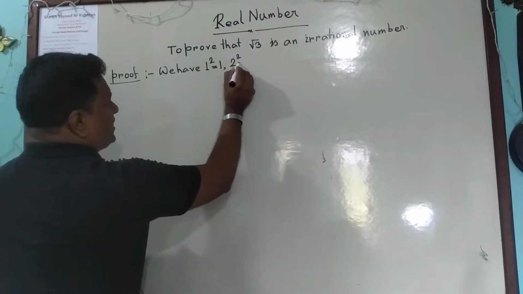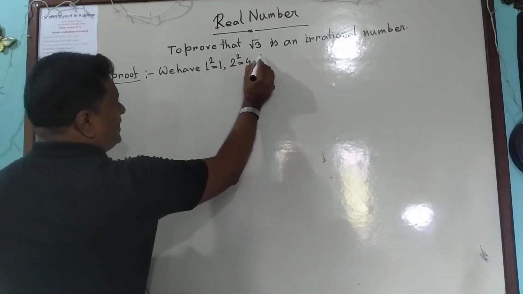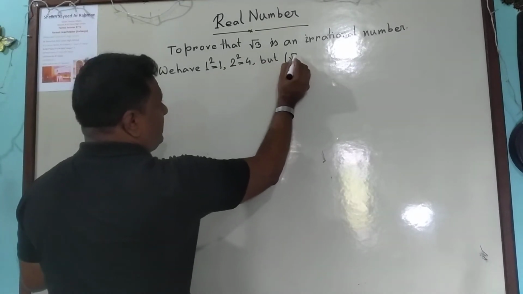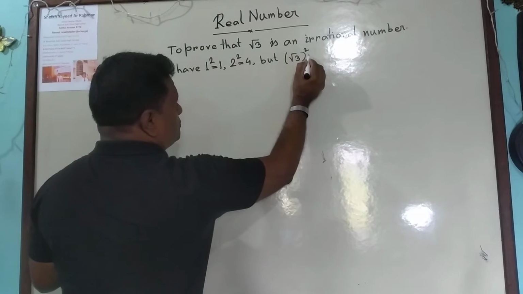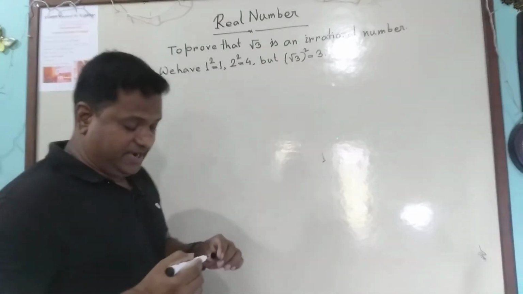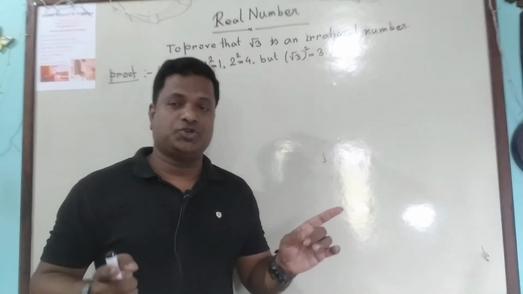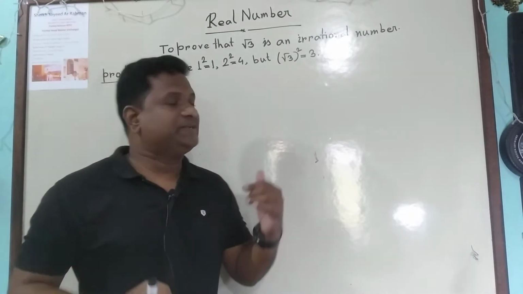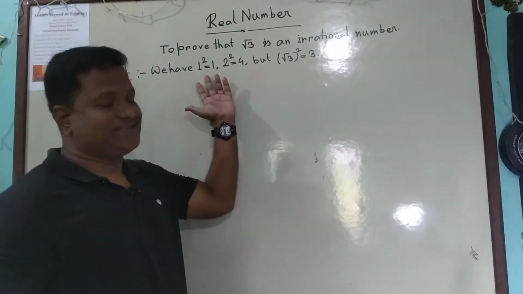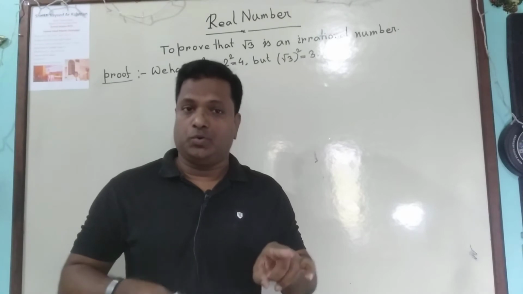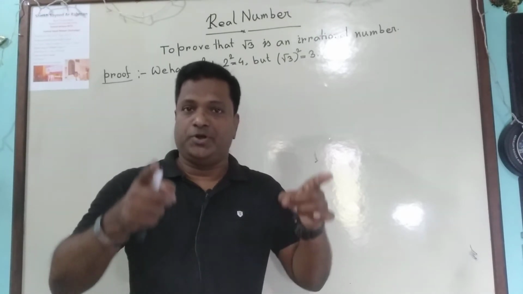But root 3 square equals 3. It is clear that root 3 lies between 1 and 2. That means 1 is an integer and the next integer is 2, so root 3 lies between two integers.